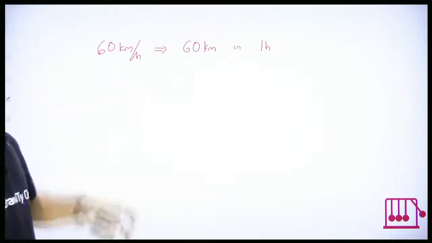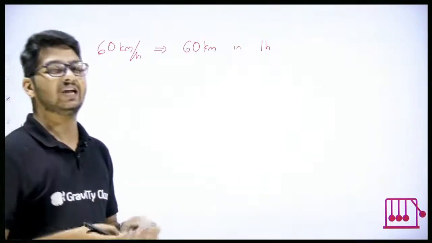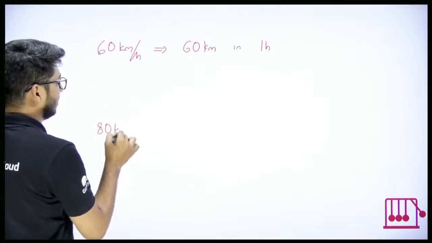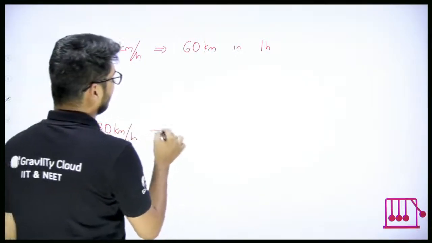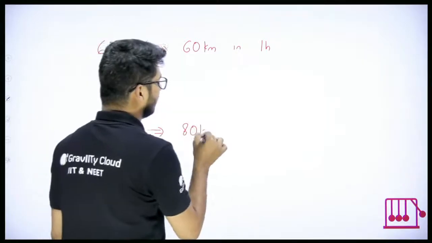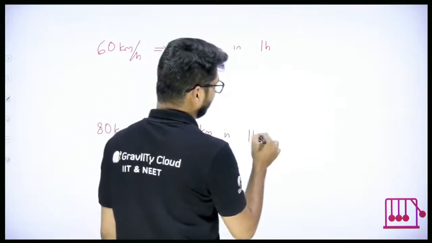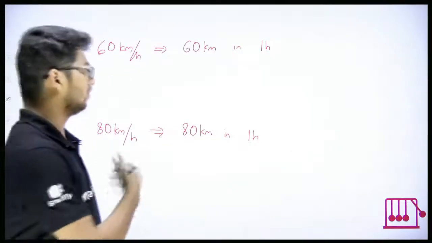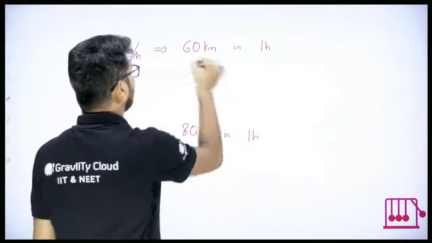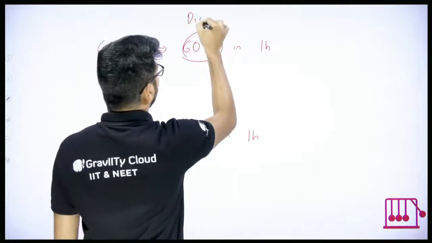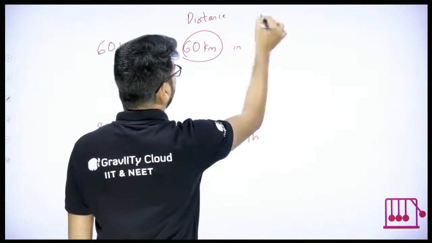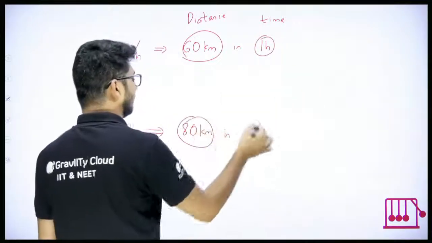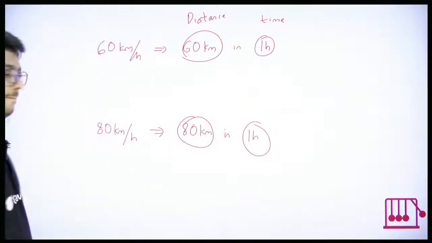If I take it as 80 kilometer per hour, it means 80 kilometer in 1 hour. So, using this, what is 60 kilometer here? Distance. What is 1 hour here? Time. Yes or no? 80 kilometer distance, 1 hour is time.